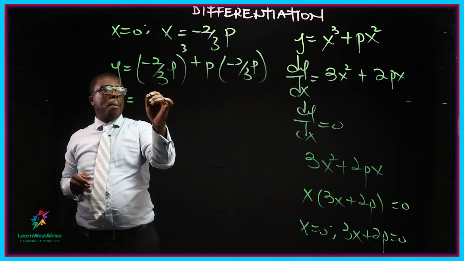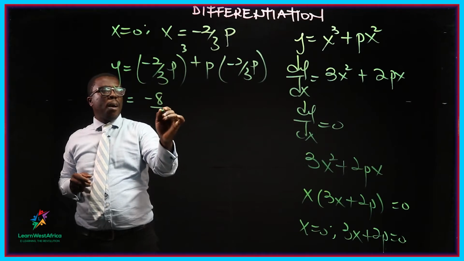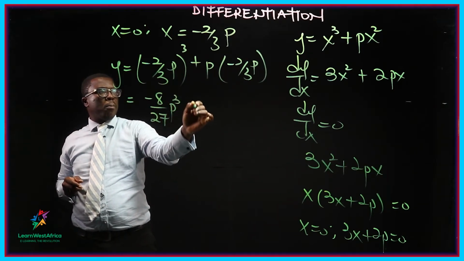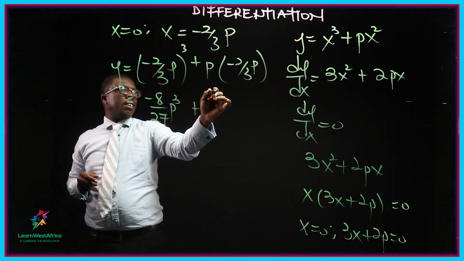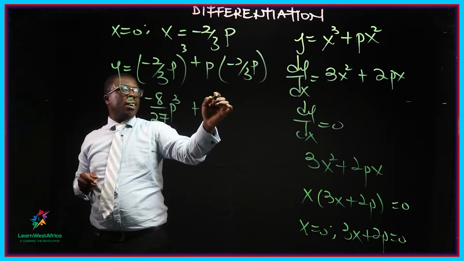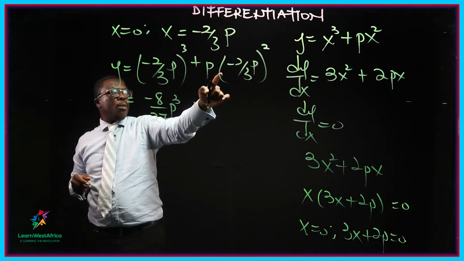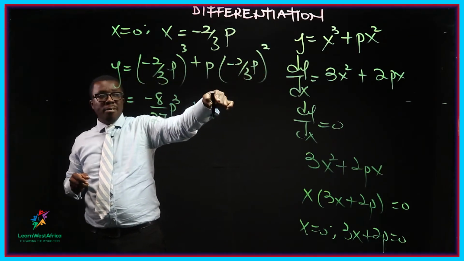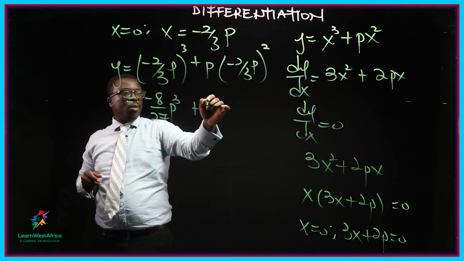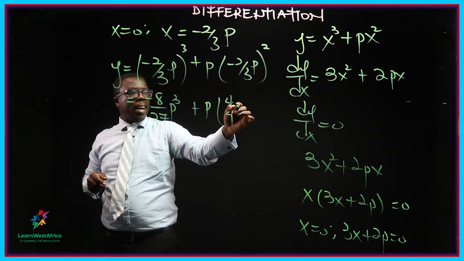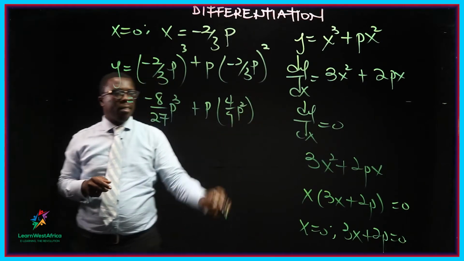You're going to have minus 8 over 27 p cubed plus, okay, there's a squared here, so that's going to give you positive 4 over 9, then you're going to have 4 over 9 p squared, times p.